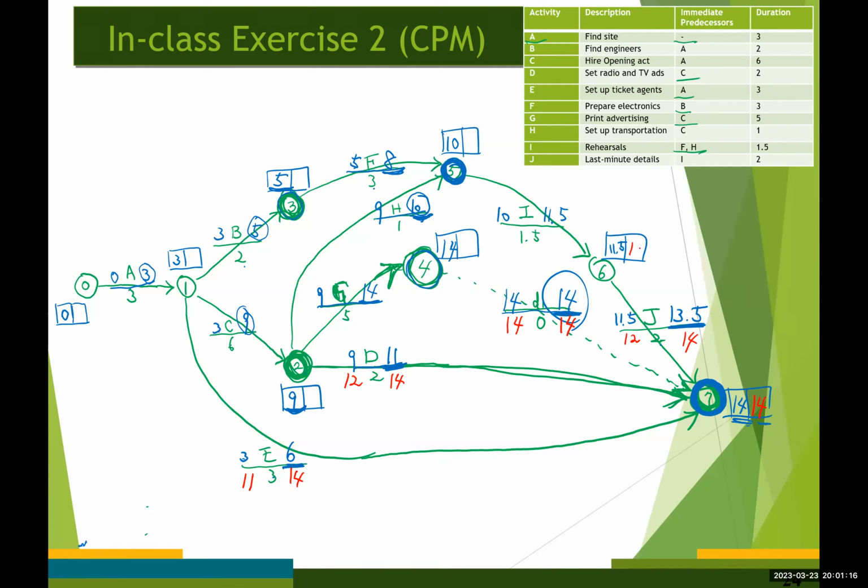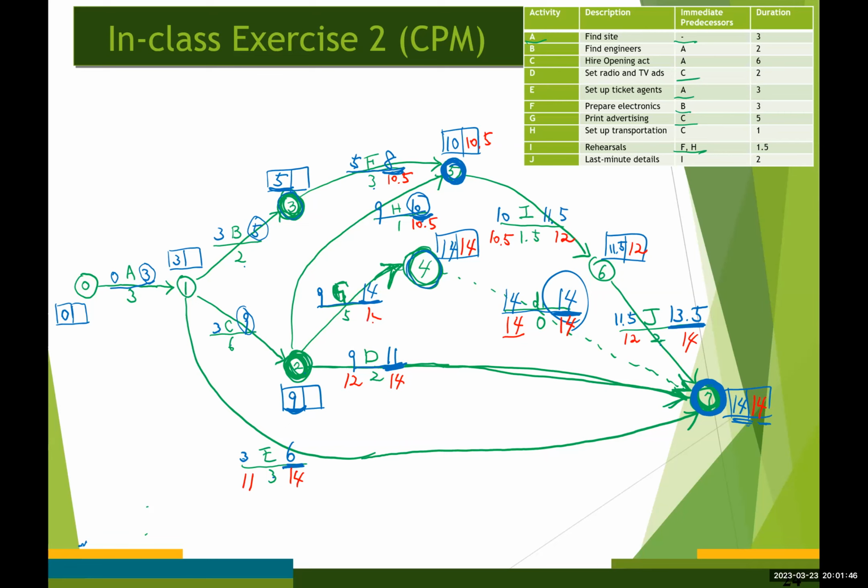Okay. So we have 12 here, and 12 minus 1.5, 10.5, right? And then we have 10.5 here, and 10.5, 10.5, all right? And we have 14, this is from here, right?